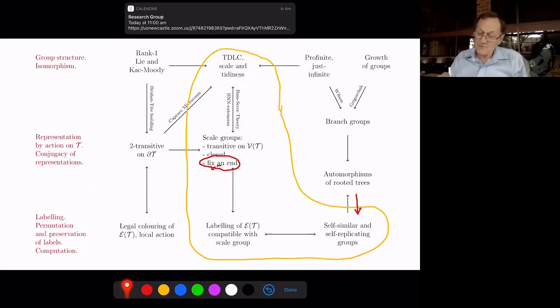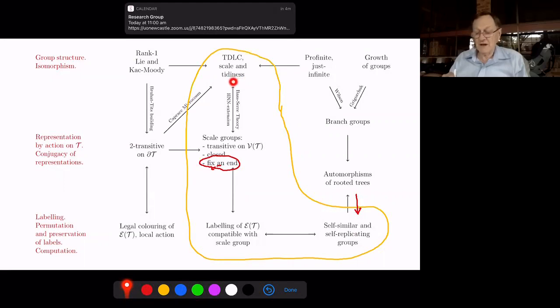But there are other important parts, and I think this correspondence is very important for understanding that part of the structure of totally disconnected locally compact groups.